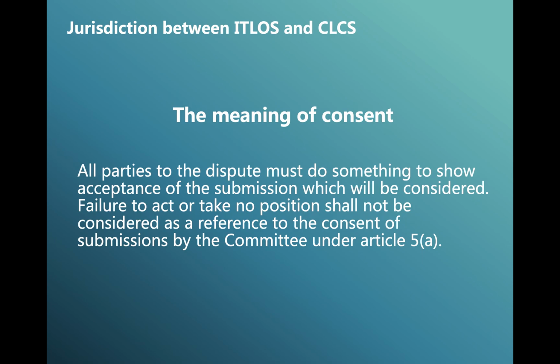Failure to act or take no position shall not be considered as consent under Article 5(a). So, from the point of view of treaty interpretation, the words implied consent or tacit consent are irrelevant to this article, which means that the concept of such consent is incompatible.